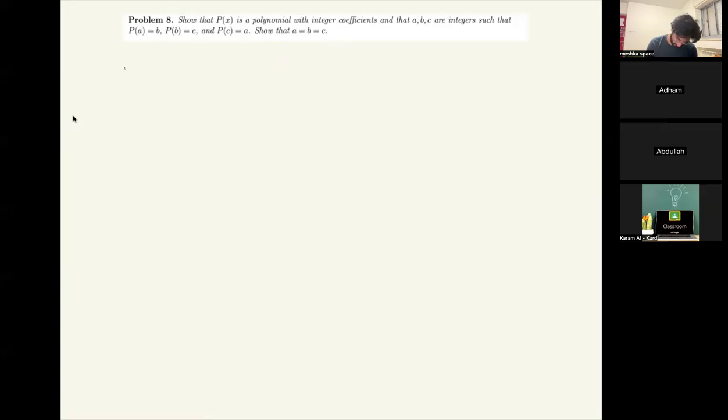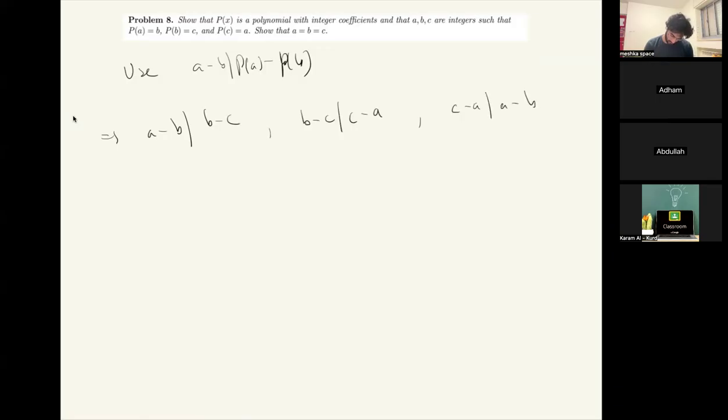A minus b divides b minus c, a minus c divides b minus a, b minus c divides c minus a. Then we use the fact that they all divide each other and get three simultaneous equations involving absolute values. And after that, I just broke all of them by squaring all of them. And I got that A is equal to B is equal to C after long algebra. Great.